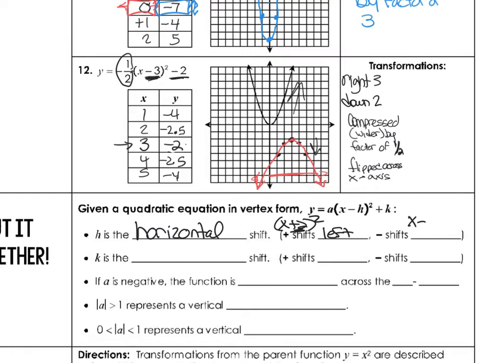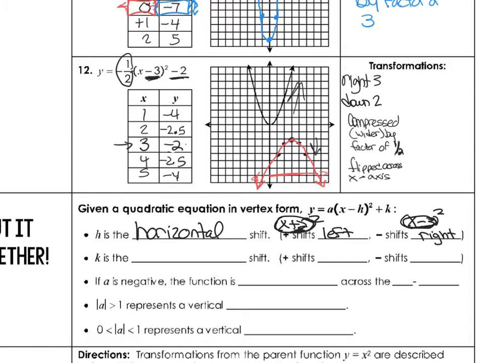If I had x minus 3 squared, then the opposite is 3, so I'm going to shift to the right. Everything in that parentheses is opposite. So if I got a negative here, I'm going to shift in the positive direction on my number line. Anytime you're translating from here or to here, you're doing the opposite.